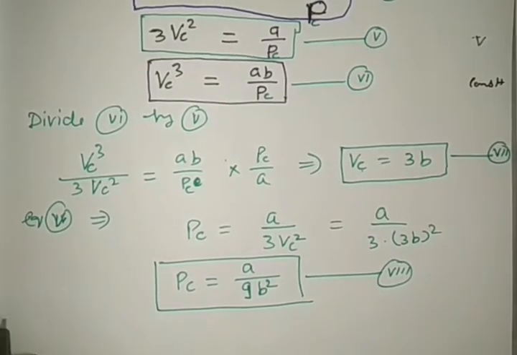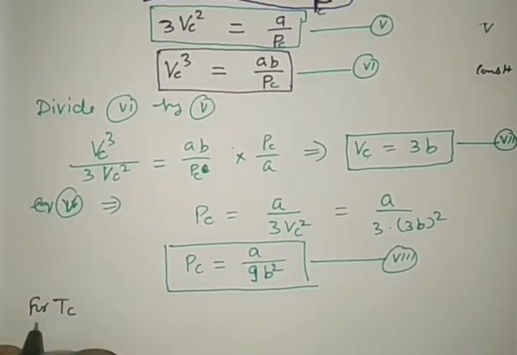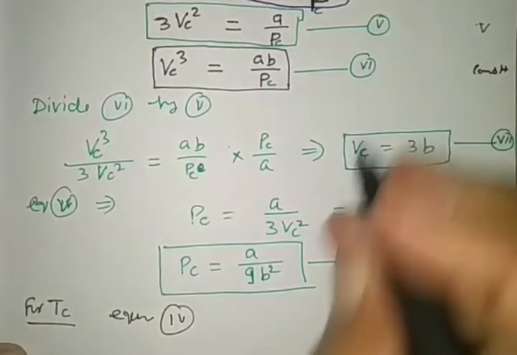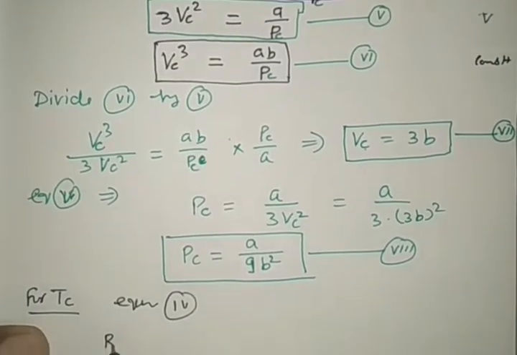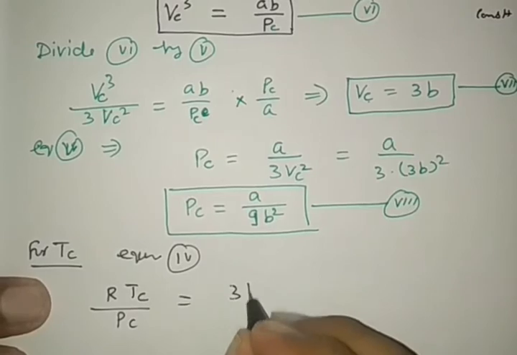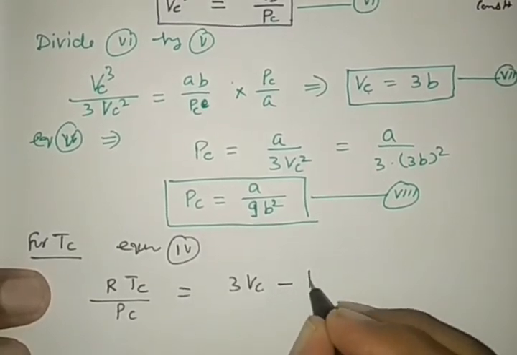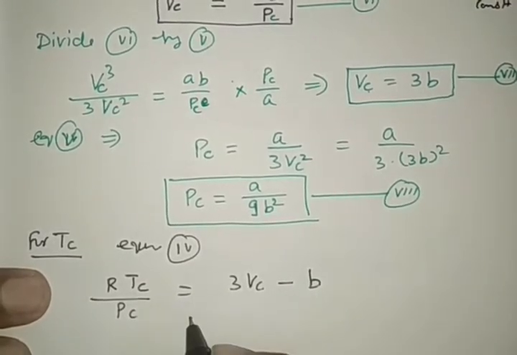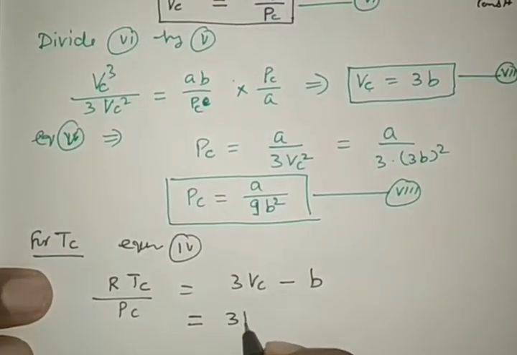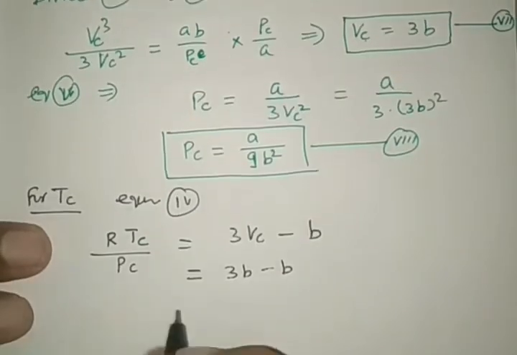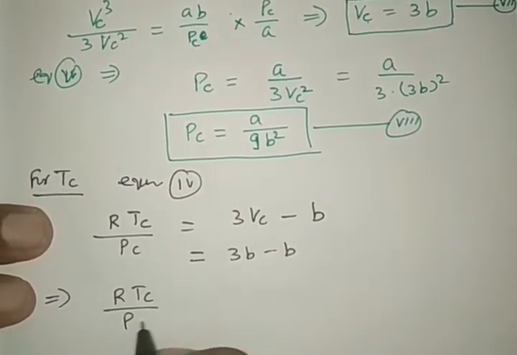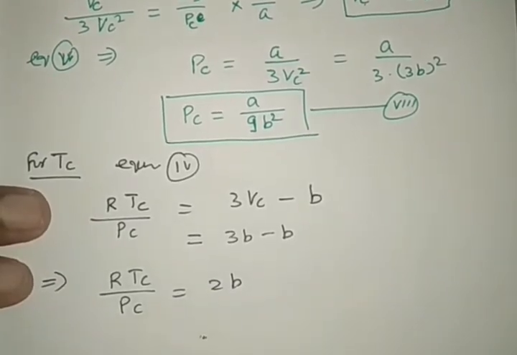For Tc, equation 4 can be written as R Tc by Pc is equal to Vc minus B. See, Vc is 3B, so it is 3B minus B. So this implies that Tc by Pc can be written as 2B.